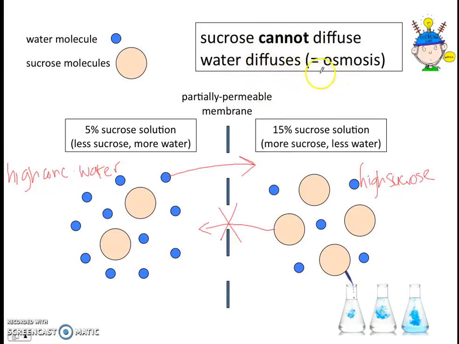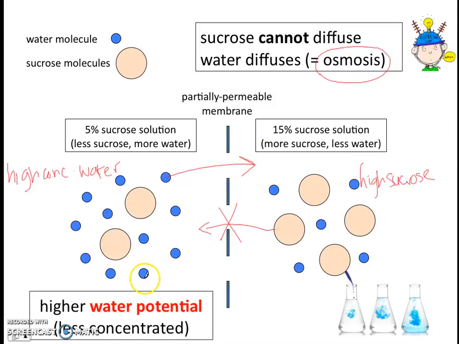And it's at this point I want to introduce the word osmosis. This diffusion of water molecules, this movement of water molecules, is called osmosis. And furthermore, there are two other terms that I want to introduce to you. Now, instead of water concentration, we use the term water potential.